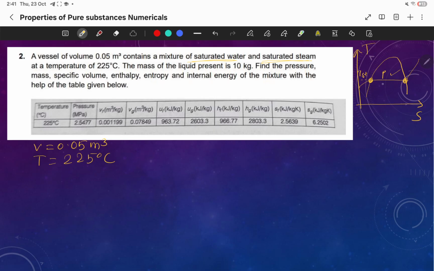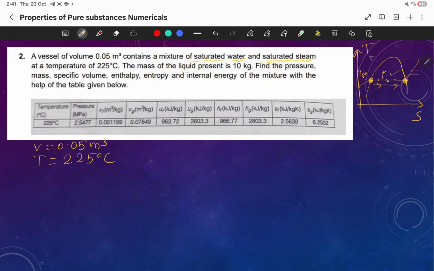So guys, you can see that it is saying that a vessel of this volume contains a mixture of saturated water and saturated steam. So I hope you can understand that this point will lie in this wet region. So at any point we will get what?